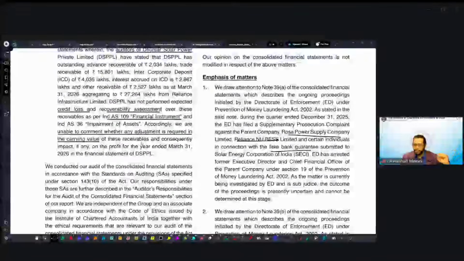A lot of things are going on, for which there is a notice from ED under the Money Laundering Act. That is being highlighted by the auditor of the CFS. It may not be there in the standalone financial statement. It is there in one of the components' financial statement, and from there it is coming to the CFS.